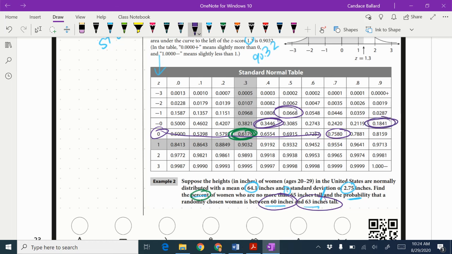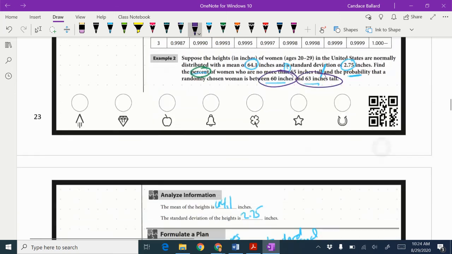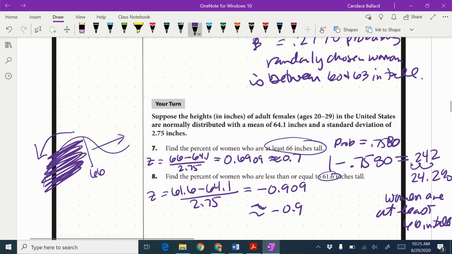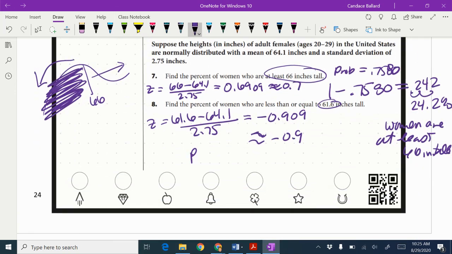So 0.1841. So the probability is 0.1841. But this time it asks us again for percent, so I'm going to move the decimal place to the right too. So it would be 18.41% of women are less than or equal to 61.6 inches tall.